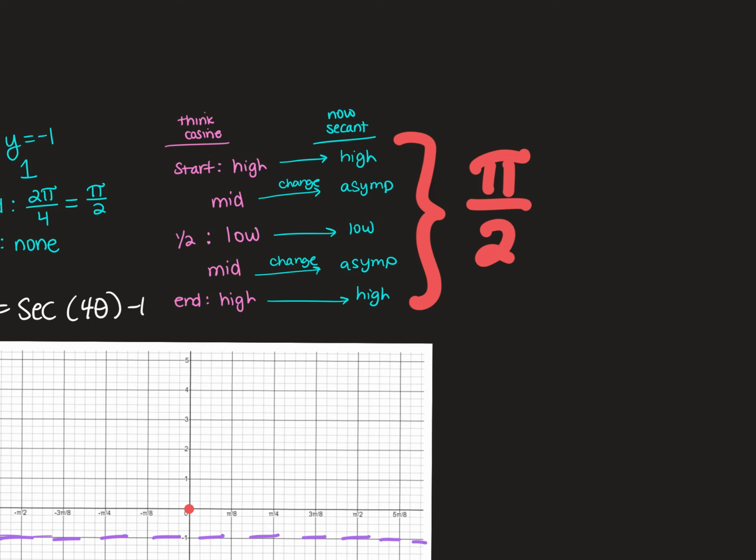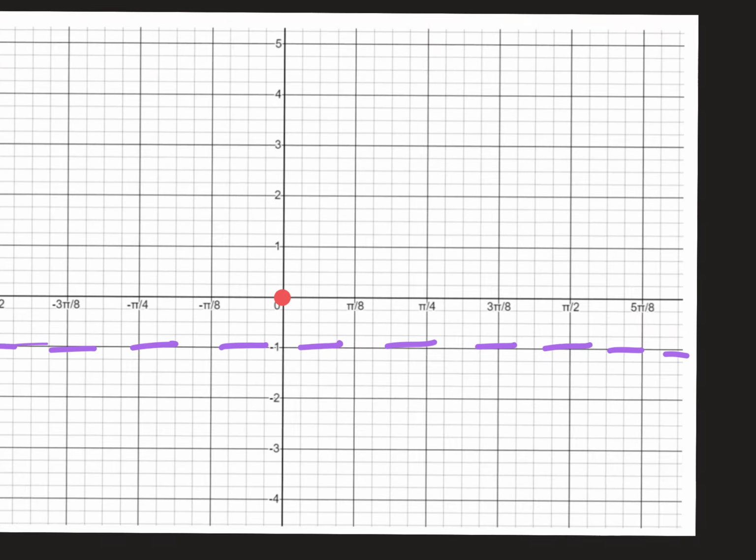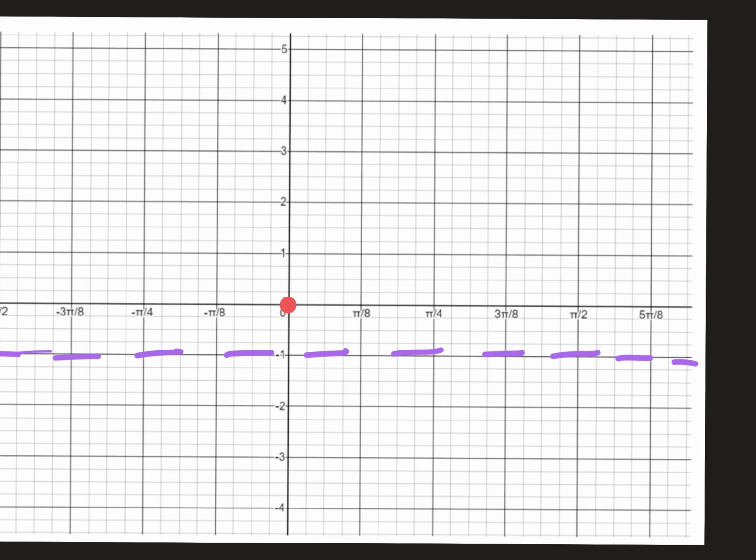Okay, so we go back to our graph and we say, well, we have to end the cycle of secant pi over 2 units after it began. That means it's going to end here at pi over 2 with a high point. Between those high points, halfway is going to be a low point.